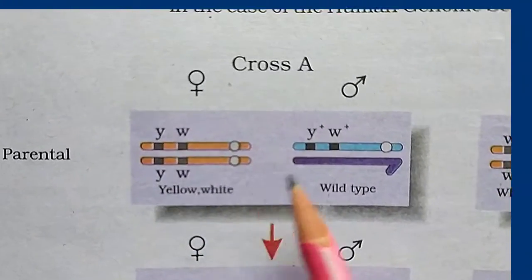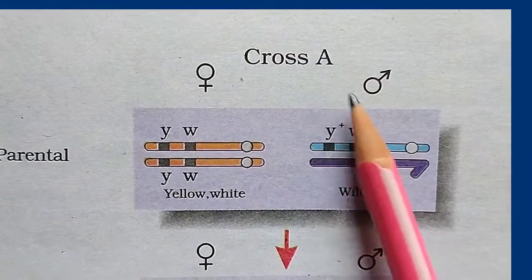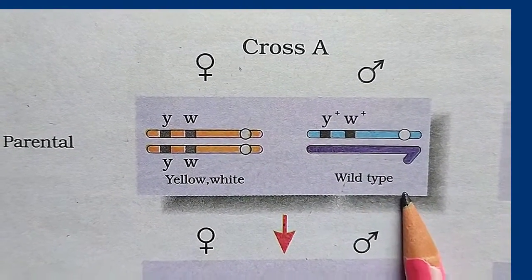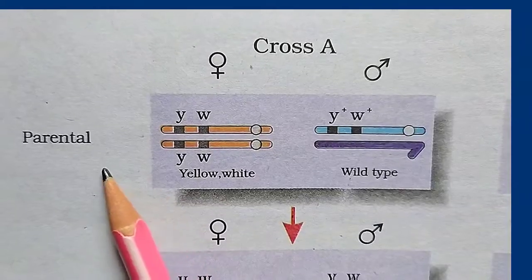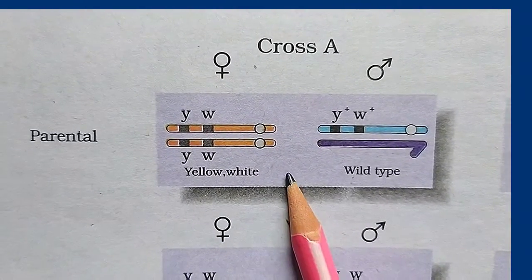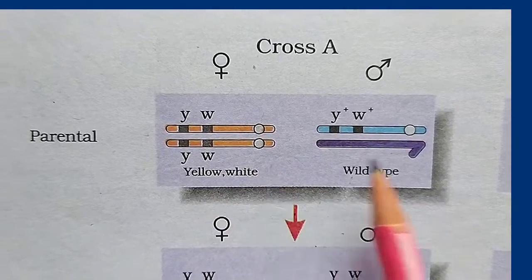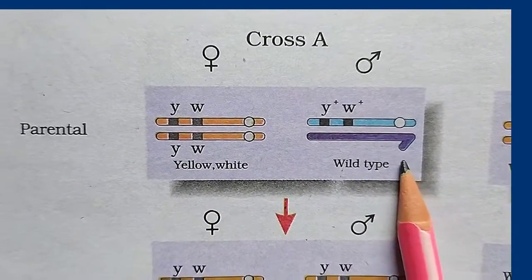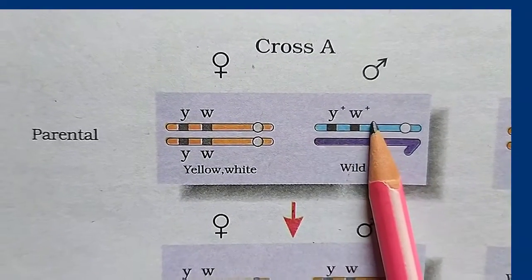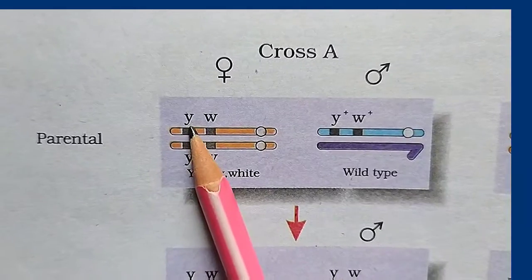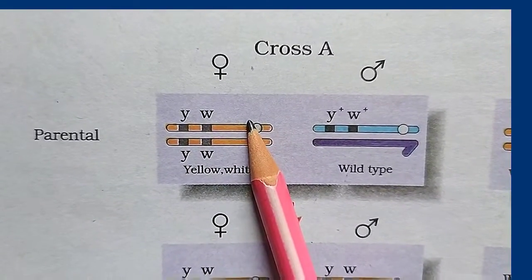Let's look closer at cross A. This is a male Drosophila which has the wild type trait, and this is a female Drosophila which has yellow-white. Wild type is nothing but a brown body, red eye. Y plus W plus genes are dominant over Y W genes.